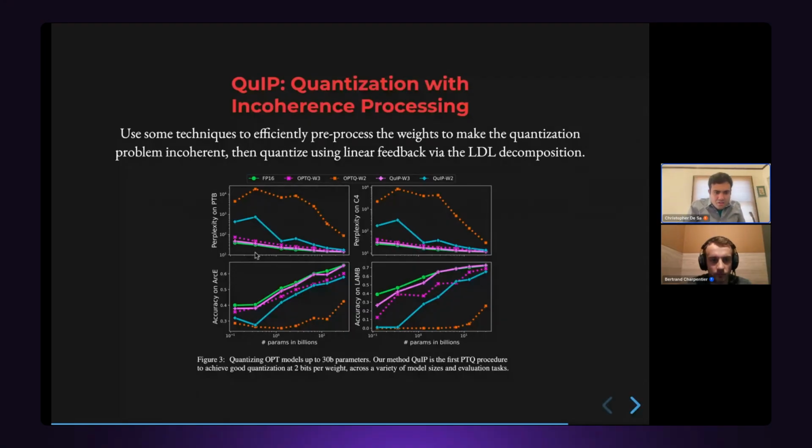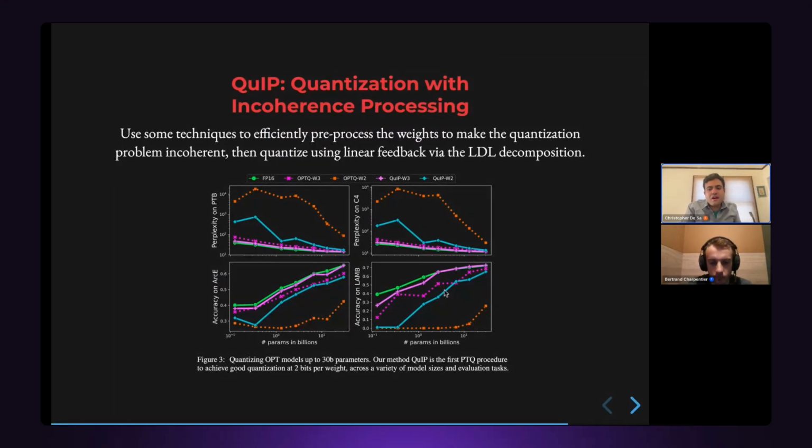And it's a little bit harder to see, but comparing these two pink-like curves, you can also see that QuIP is better at 3 bits too. So both 2 bits and 3 bits, it's delivering better accuracy.